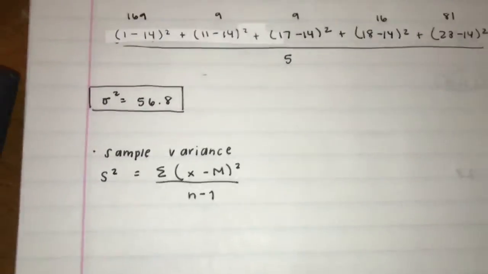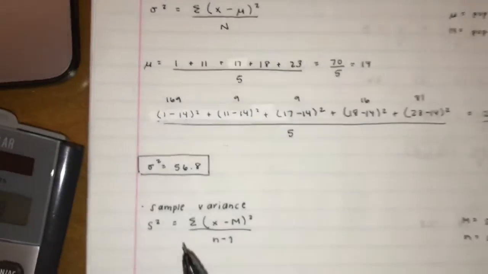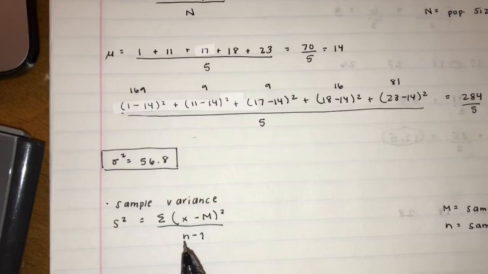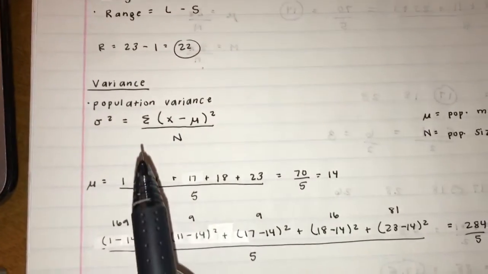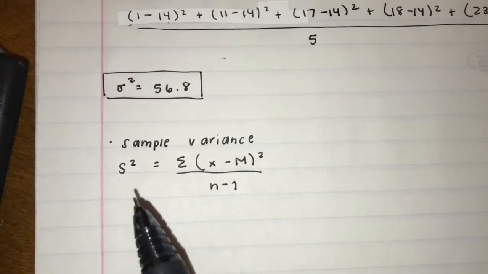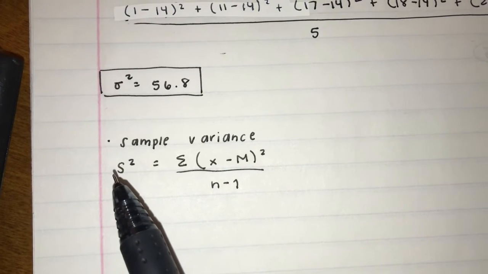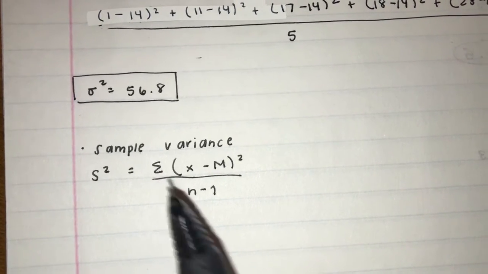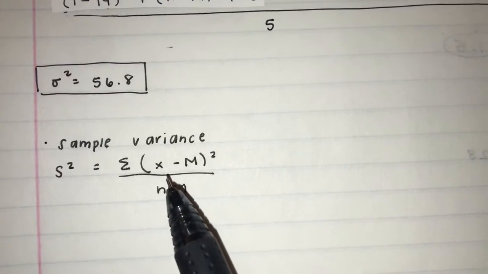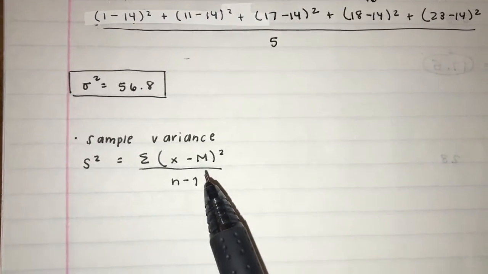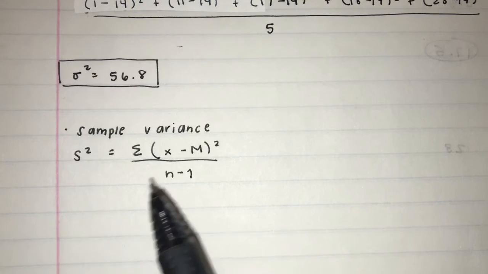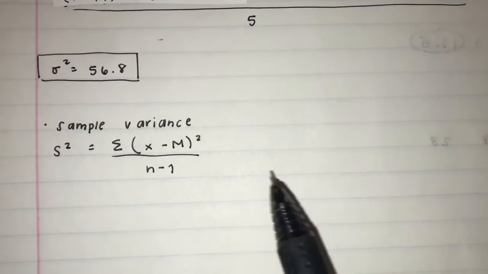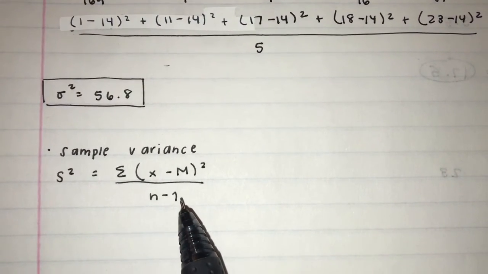So really quickly here, the next formula we have is for sample variance, because we just calculated population variance. Sample variance is S squared equals the sum again of each score subtracted by the sample mean, which we also did on the previous page, squared, divided by the sample size minus 1.